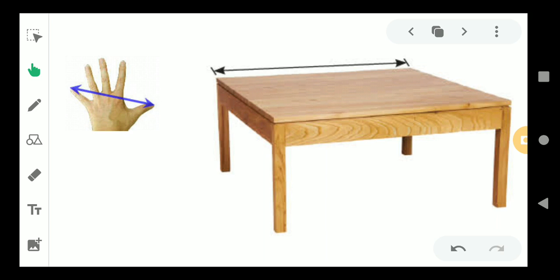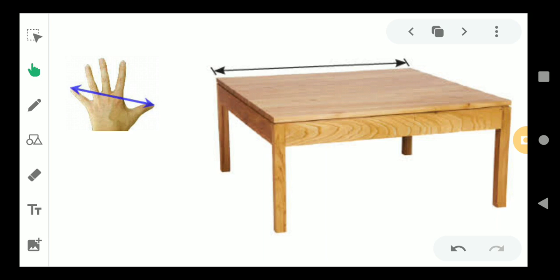Now I'm giving you an activity. Can you measure the length of your study table using your hand span? First you measure it. How many times are your hand spans needed to measure the length of the table? Now ask your mother or father to measure the table using her hand span.